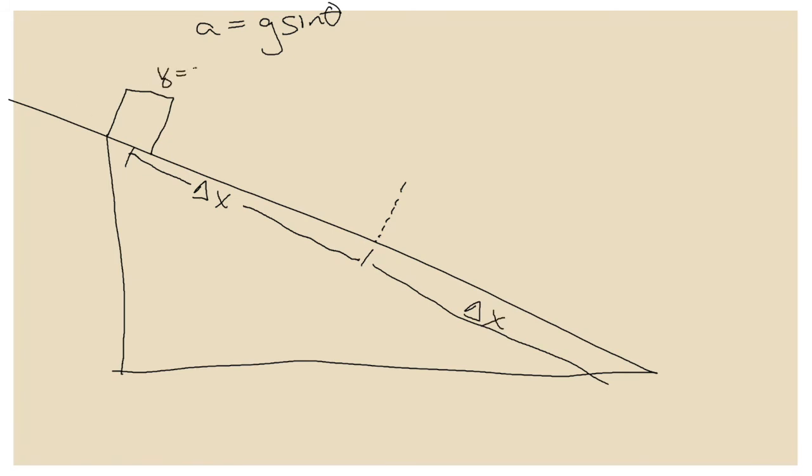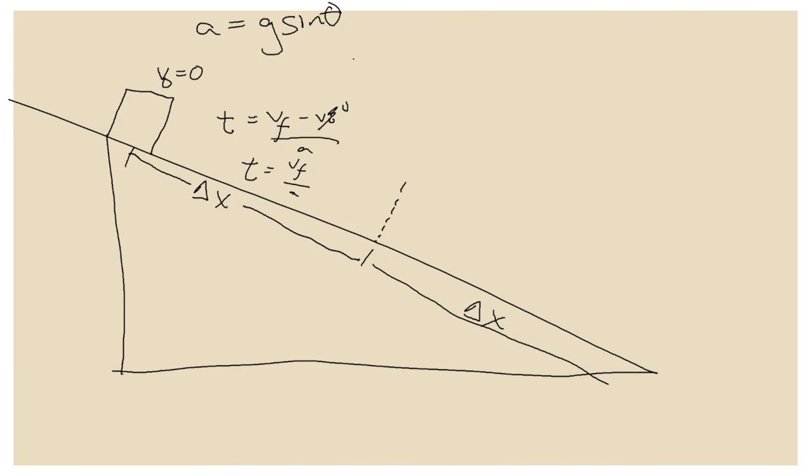So the idea here is pretty straightforward. This object is starting with an initial velocity of 0, and it is going to make it down to this midway point after going this displacement. And so it's going to take a certain amount of time to do that, right? Because the initial velocity is 0, that amount of time is just going to be whatever the velocity is here divided by the acceleration, which is going to be g sine theta in this case.